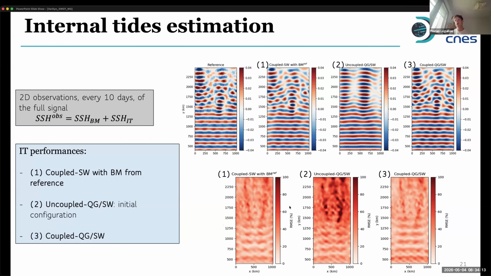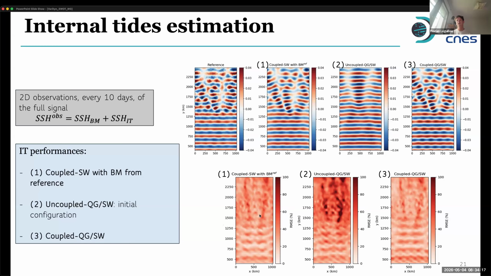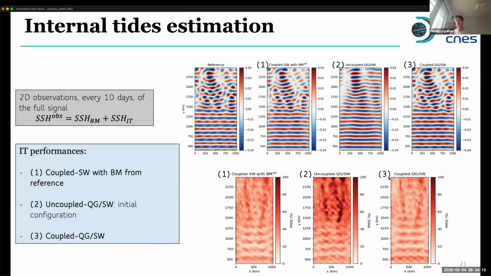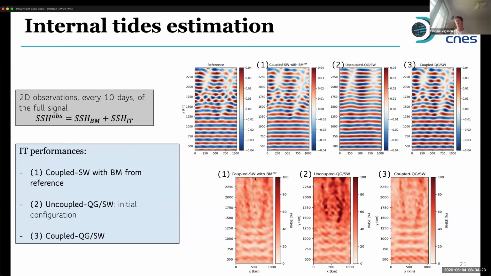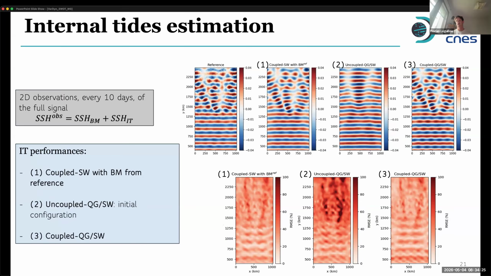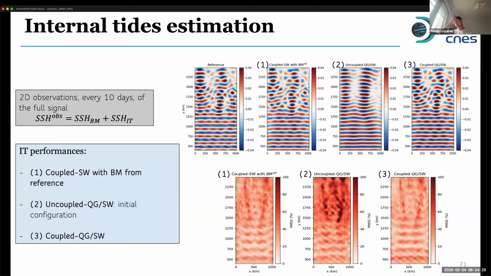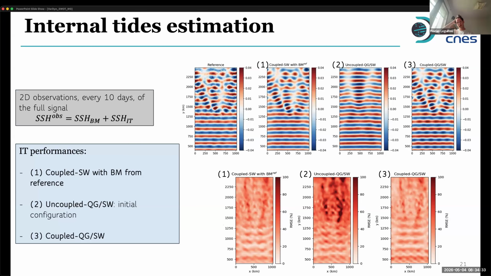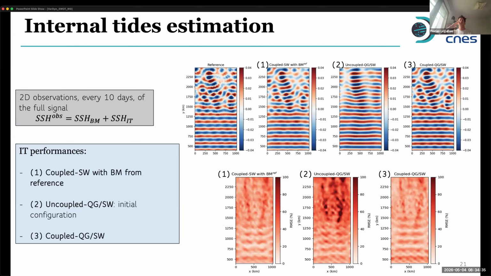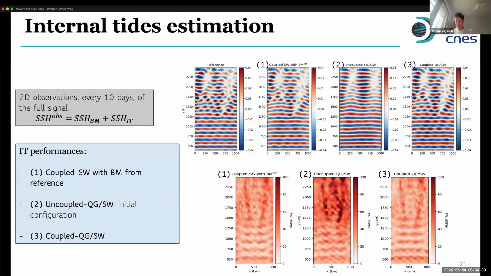But when we use the coupling, we really reduce these errors. And what is really interesting is that coupling with the QG is really similar to just using the true field for the balanced motion. So it's a way to say that the method is working, and we are quite happy with what we can gain from this new implementation of the dynamical couplings.